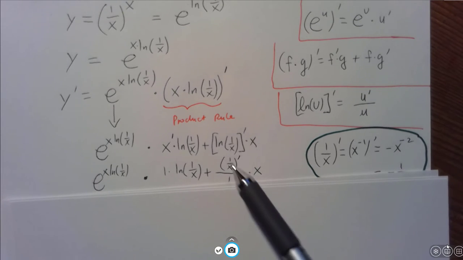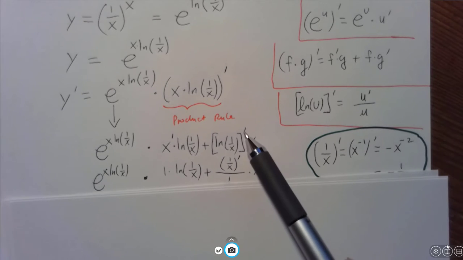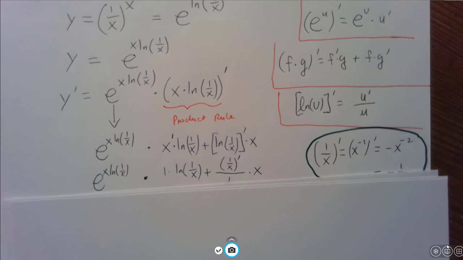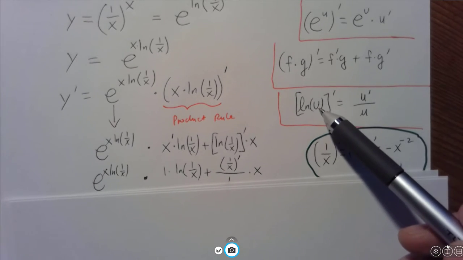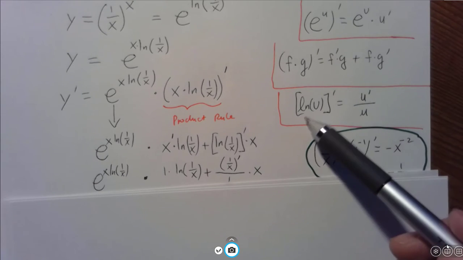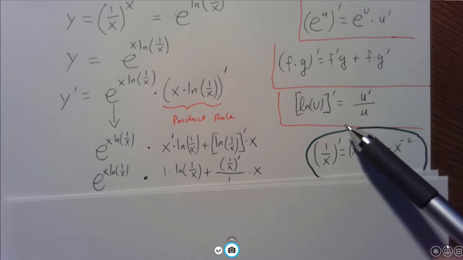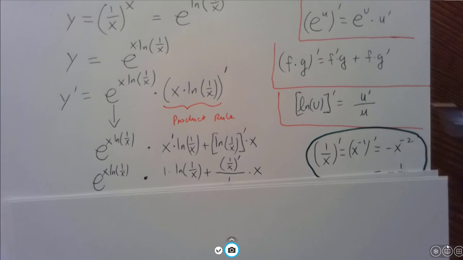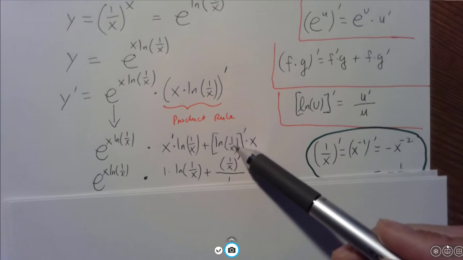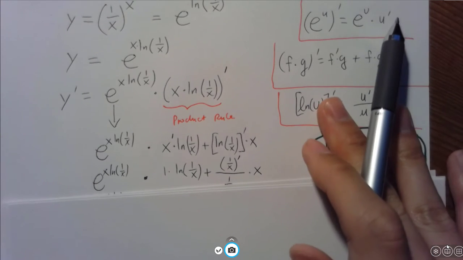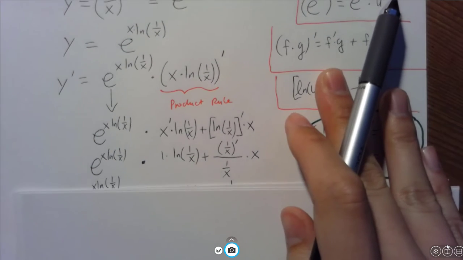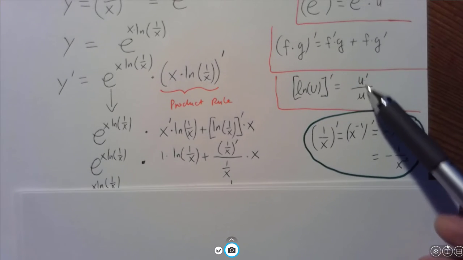And the derivative function of ln 1 over x prime. Now go back to the rule for ln u. Take the derivative function of that. That becomes u prime over u. So that's the rule in general. We already applied the chain rule here. So the same thing here. This is the u, which is 1 over x. So that should become u prime over u.